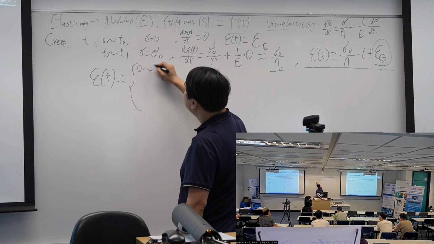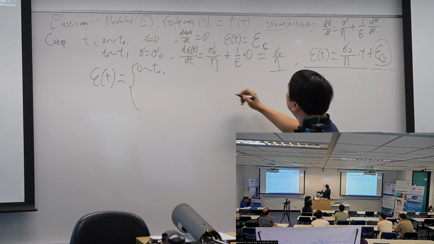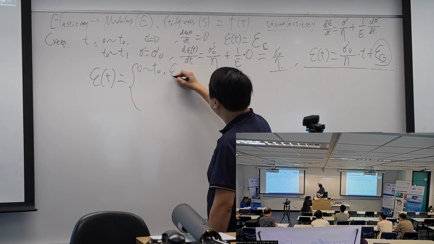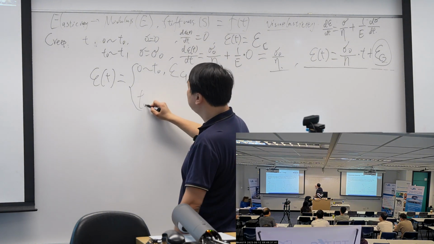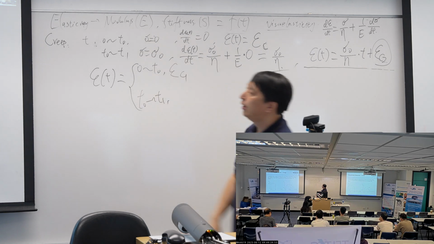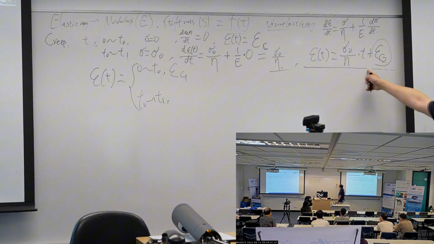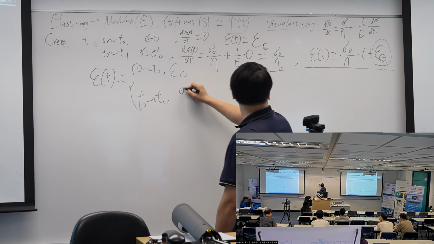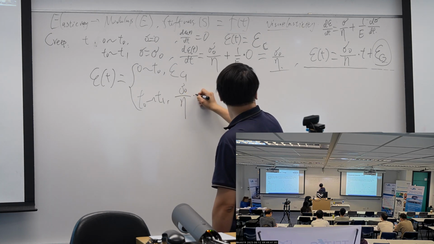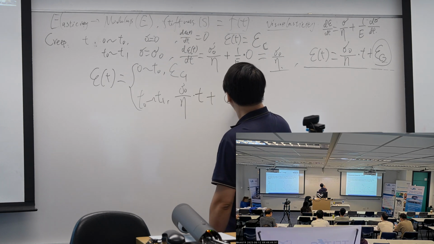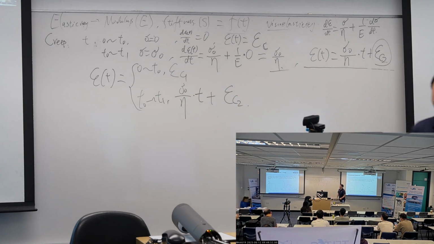So the total epsilon t is something like this. From 0 to t0, it is a constant epsilon C1. And from t0 to t1, it changes with time: sigma 0 divided by eta times t plus a certain constant.